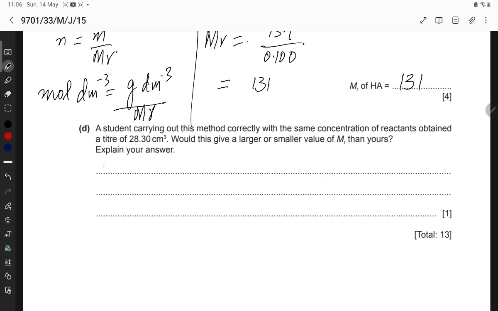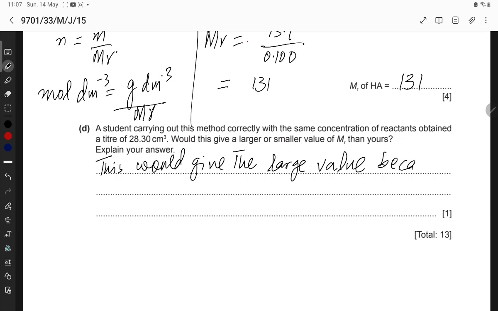This would give the larger value, because we know that concentration is inversely proportional to volume and Mr is also inversely proportional to concentration.